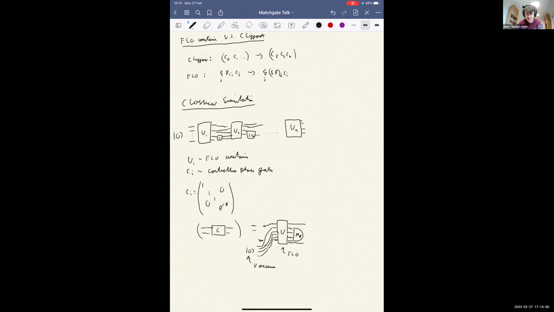Before going further, does this diagram make sense? Yeah, so far so good. I will post the paper in the description later. Now we have to work out how to apply this measurement to a fermionic Gaussian state.